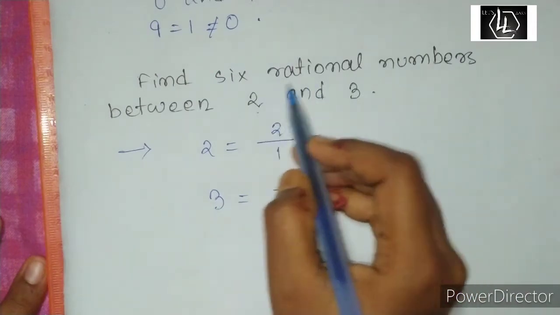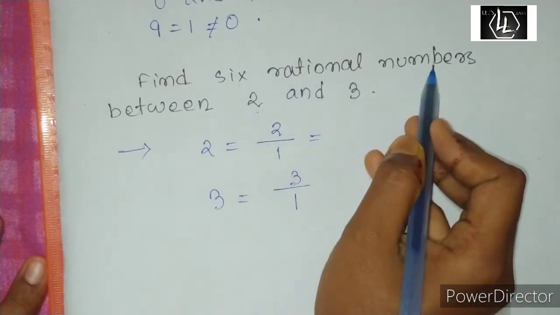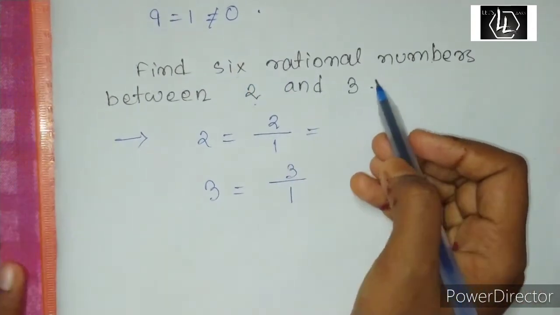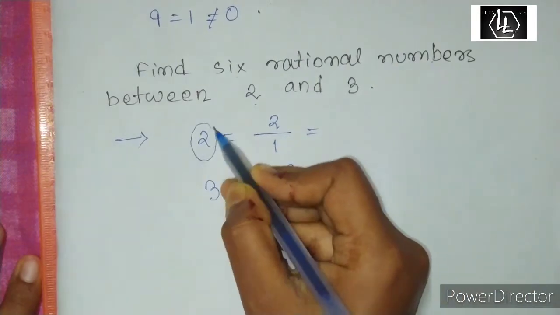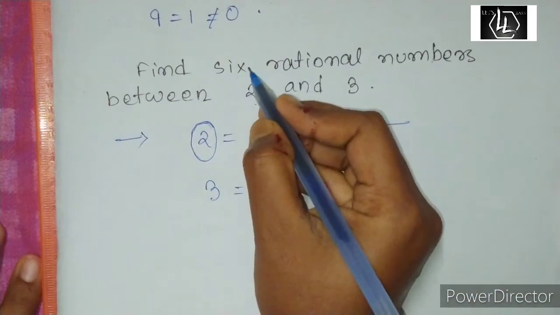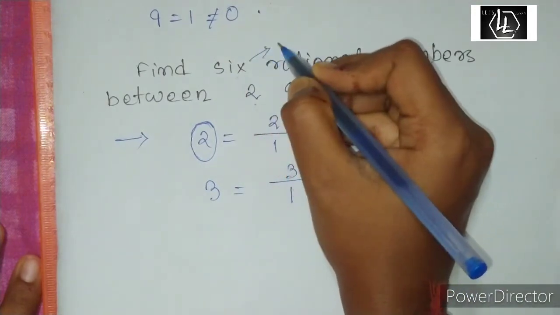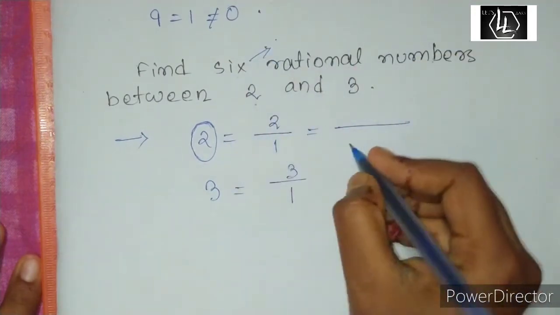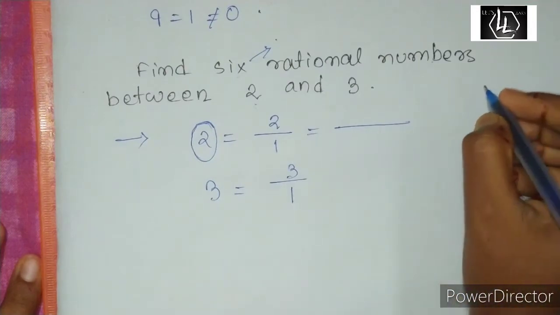As we have to find 6 rational numbers, we have to divide this into 7 divisions.